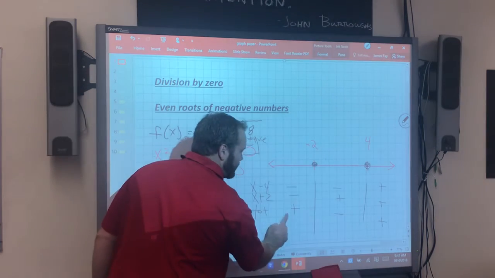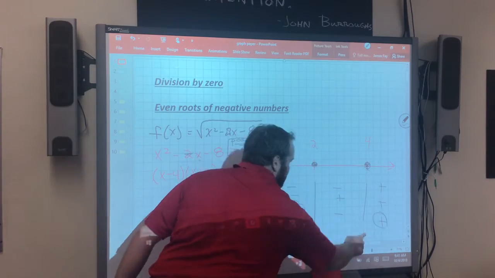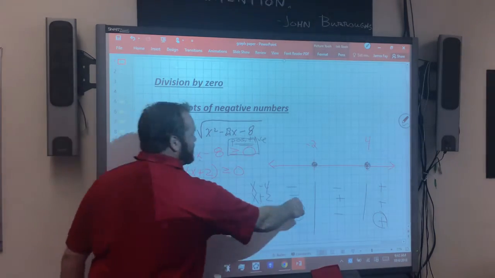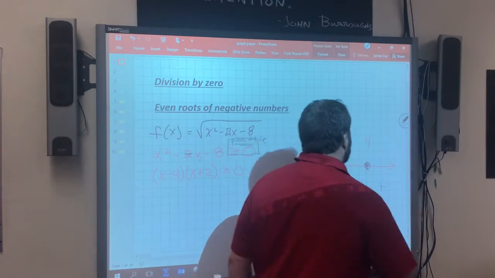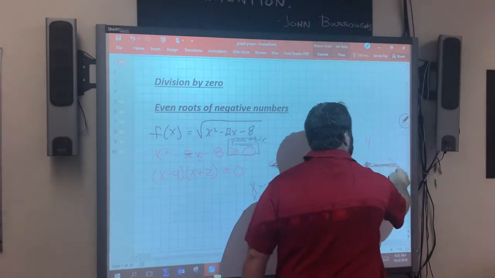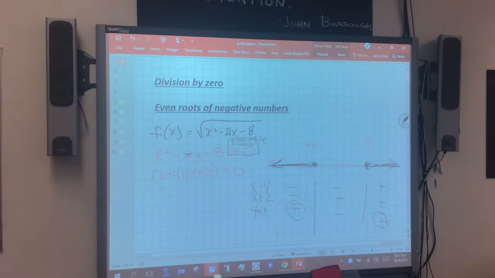Those are this set of x values and that set of x values, right? Come to my number line, it's those. Numbers left of -2, and these, which are my numbers to the right of 4. Write that in interval notation.